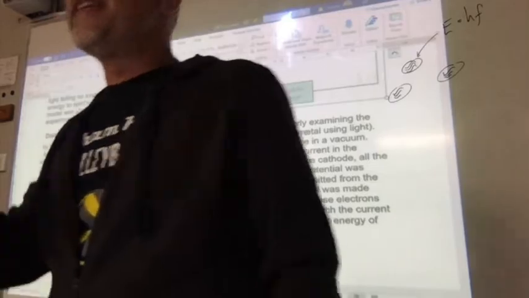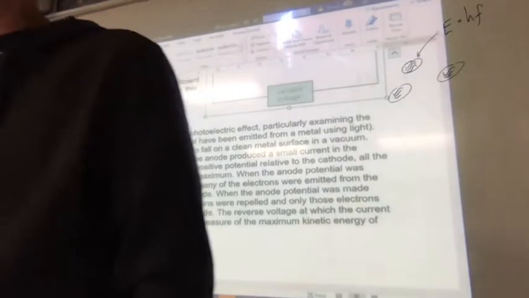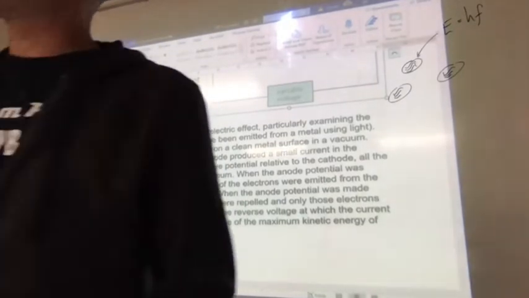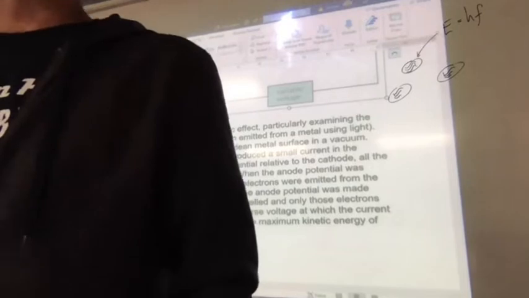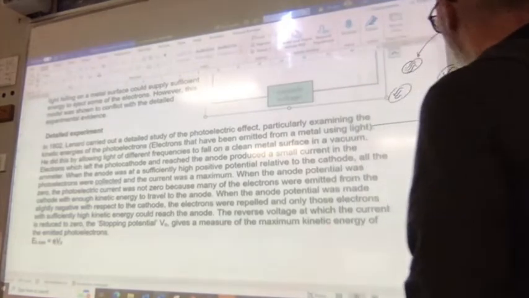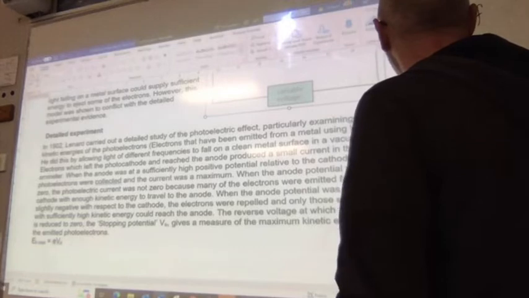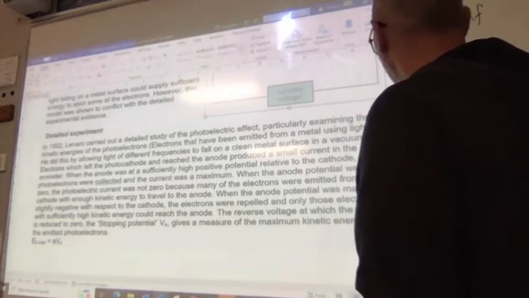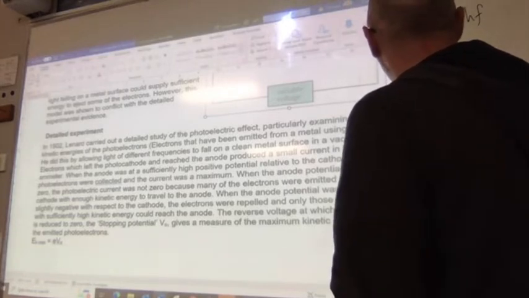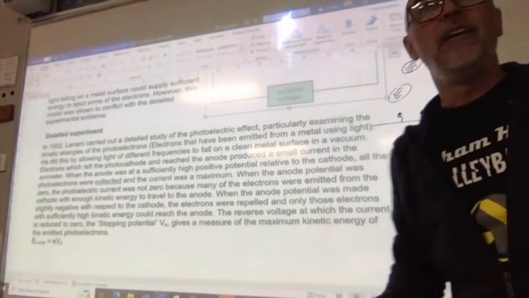If the photons have a frequency that is too low to actually rip electrons off that particular metal, it doesn't matter how many of those photons you throw at that metal, you will never get electrons off it, okay? Because remember, let's say the metal surface is sitting here. Electrons are sitting here dancing around connected to the metal, all right? They've got little binding energies holding them close to the metal.